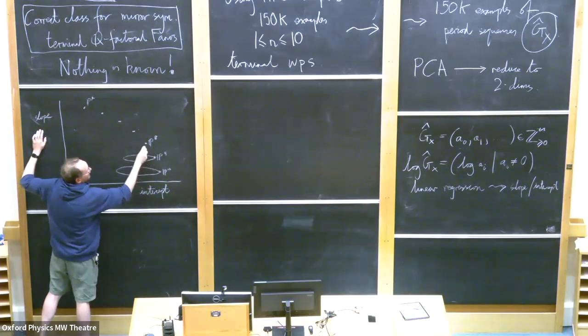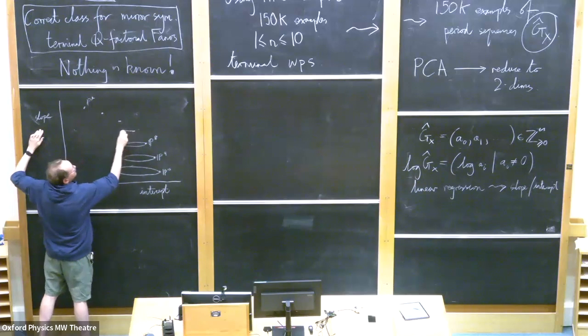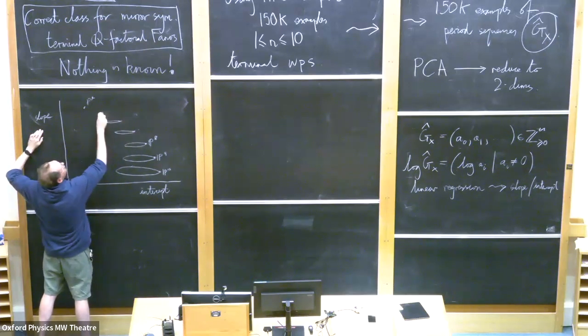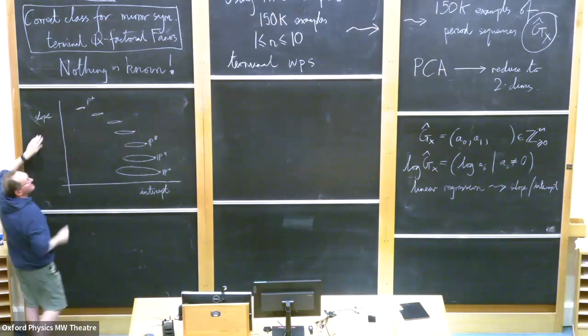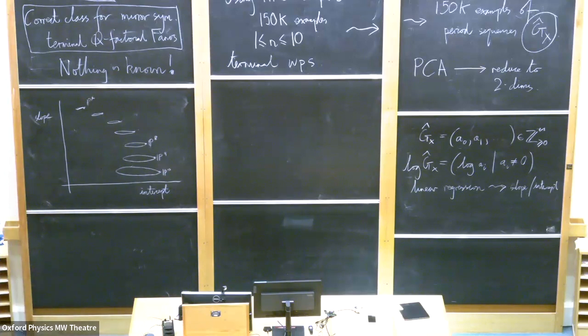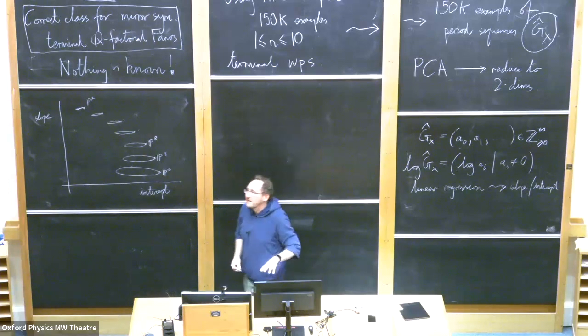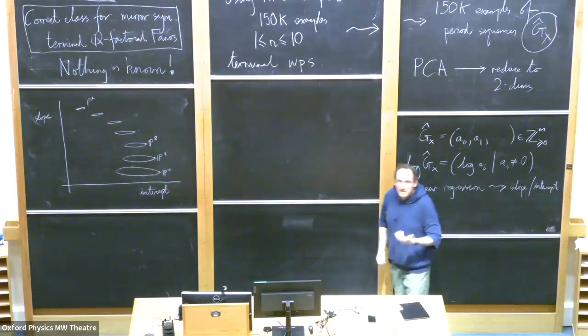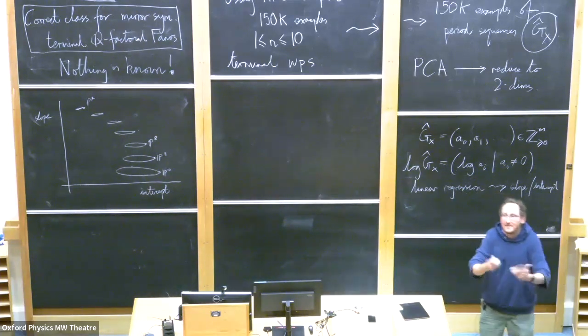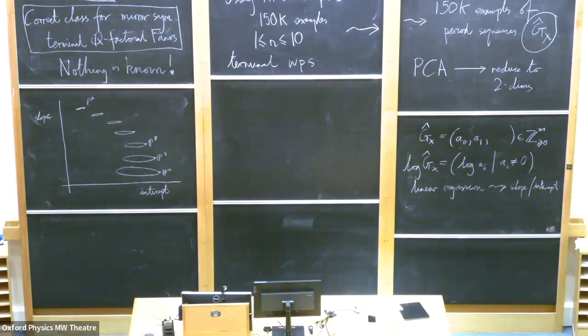Of course, there's more of them as each dimension goes up. So they sort of just sit like this. This is the first time anyone's ever seen the structure of terminal weighted projective spaces, the most simple objects.